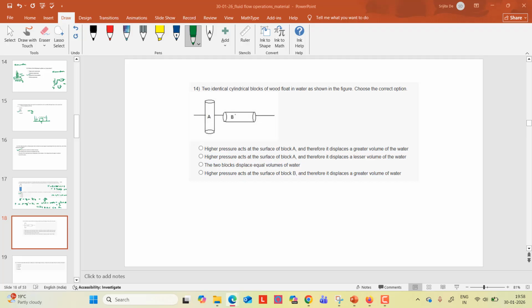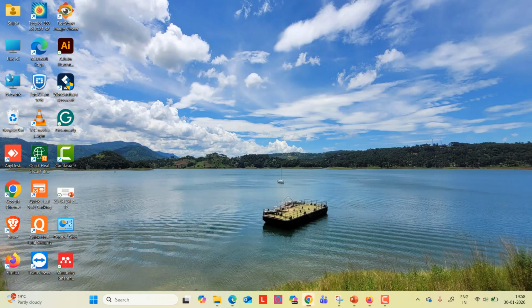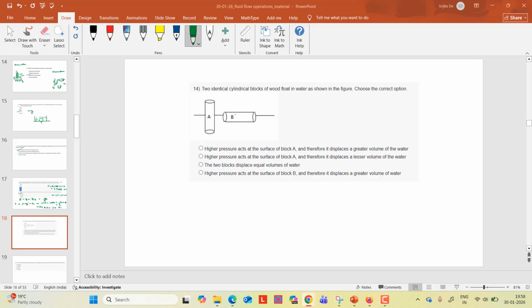Higher pressure acts at the surface of block A and therefore it displaces lesser volume of the water. The two blocks displace equal volumes of water. High pressure acts at the surface of block B and therefore it displaces a greater volume of water.